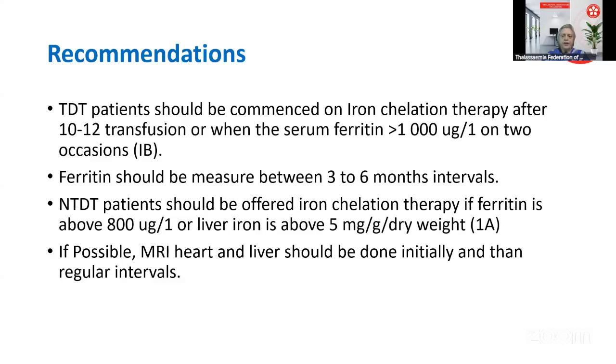Regarding serum ferritin, I must share this, that serum ferritin has to be done when the patient is not suffering with any intercurrent infection, or if the patient is positive for anti-HCV, then the serum ferritin will not be reliable.